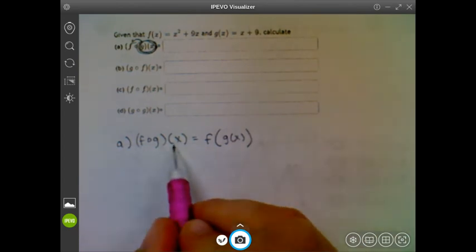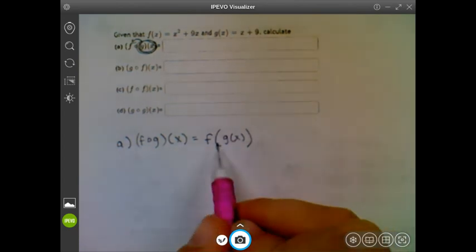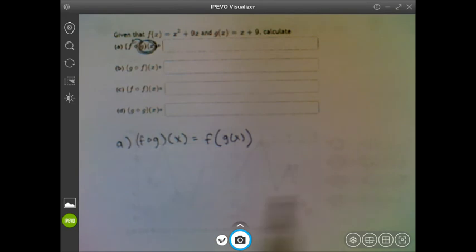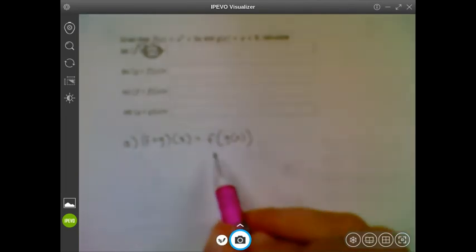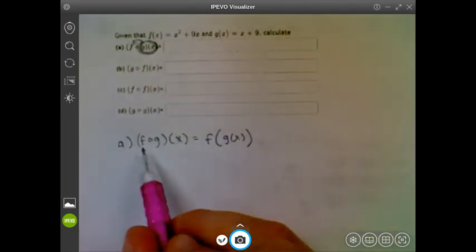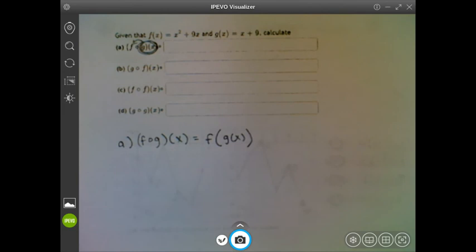This one tends to be used more because it's less parentheses, and so it tends to be less confusing. I guess it's actually the same amount of parentheses, right? 4 and 4, but this one has like a bigger set around this. So just be prepared to see them in either format.